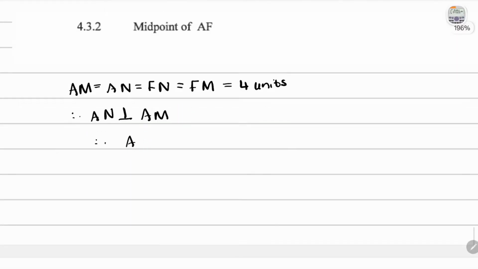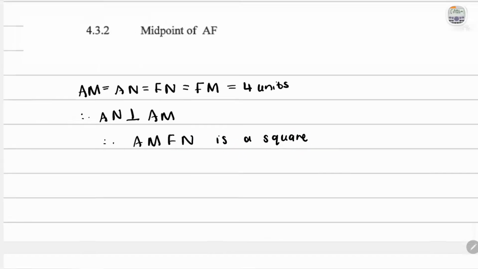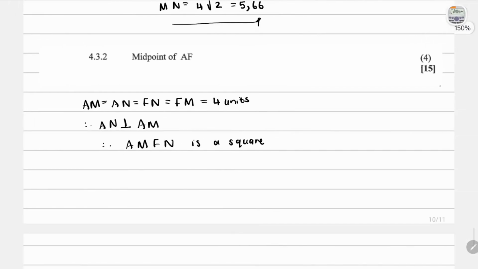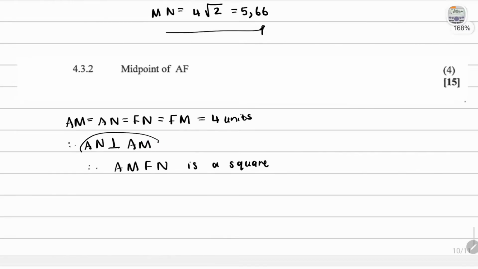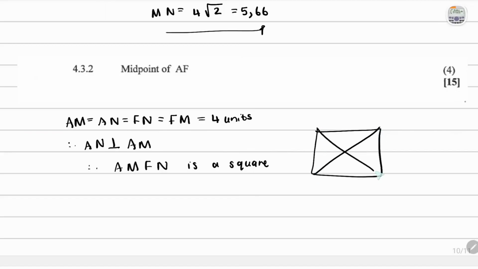Okay, so that is AMFN is a square. And since we know that it's a square, we know that the diagonals would intersect at the same point. To be honest, we didn't really need to prove that it was a square, so you didn't really need this part. As long as it was a parallelogram, then the diagonals would intersect at the same point, okay? The diagonals would bisect each other, meaning they share the same midpoint.